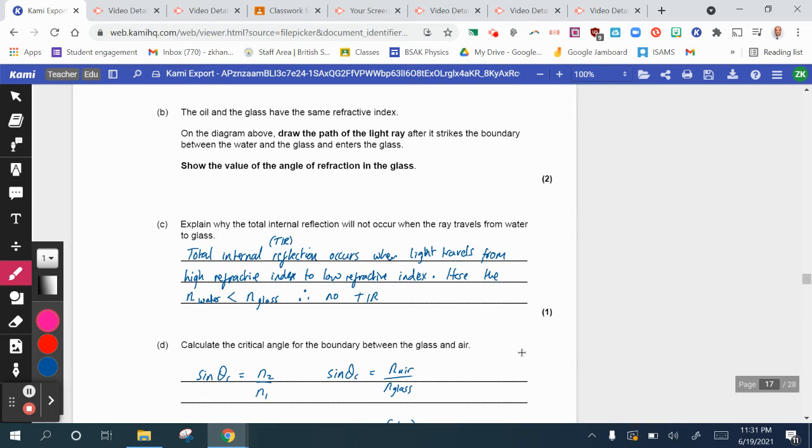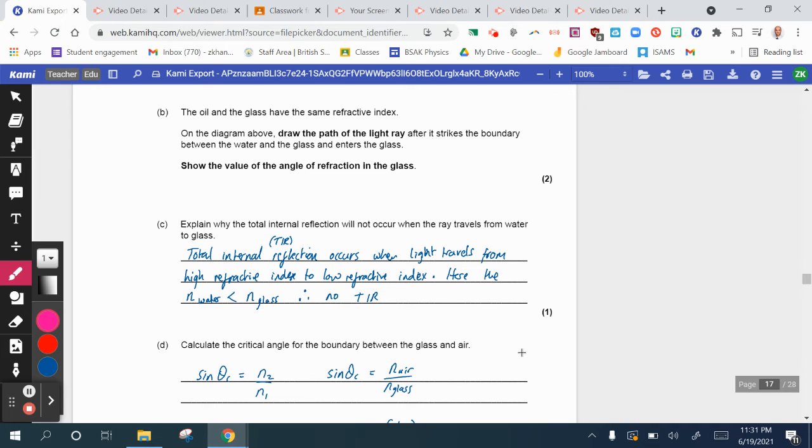So here, the refractive index of water is less than glass. Therefore, no internal reflection is ever going to happen. Total internal reflection only happens when you go from a high refractive index to a low refractive index. So that's the condition.